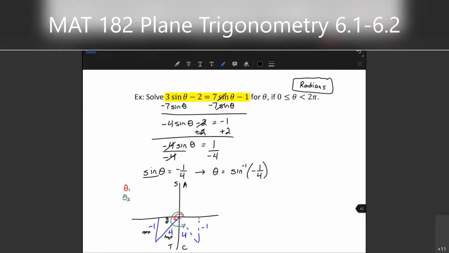So if you guys have that, whenever you're able to punch that in, go ahead and drop your solution into the chat, and we'll just round to 4 decimals. Give you guys a moment to do that. Again, make sure that your calculator's in radians.